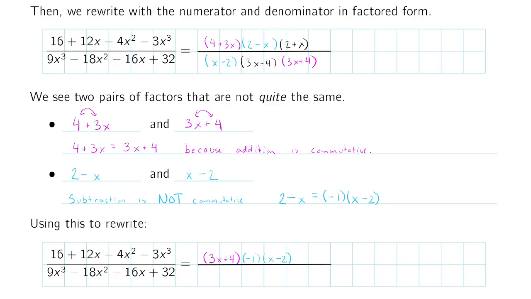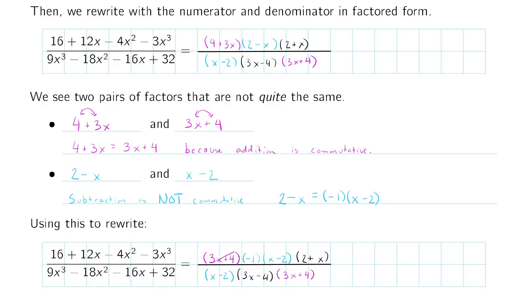And then the 2 plus x doesn't have anything to cancel with, so I'm just going to leave that alone. And then in my denominator, I'm going to leave the factors alone. I have an x minus 2. I have that 3x minus 4 that isn't going to cancel with anything. And then I have 3x plus 4.